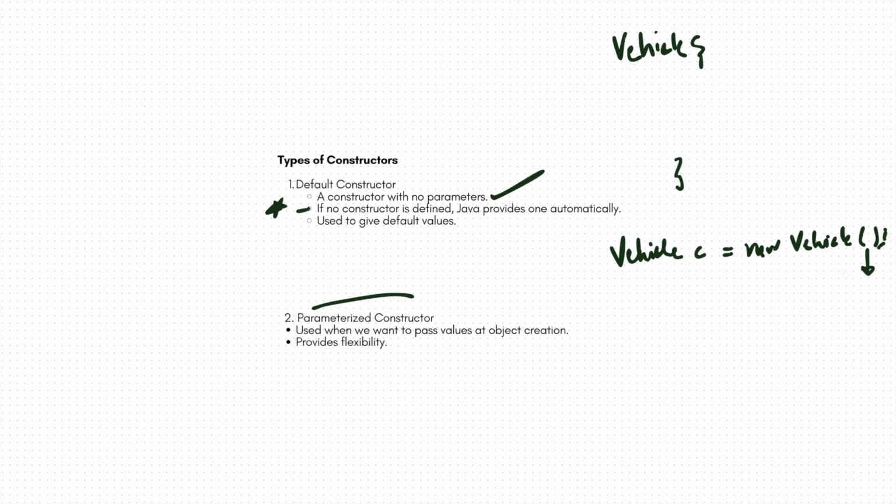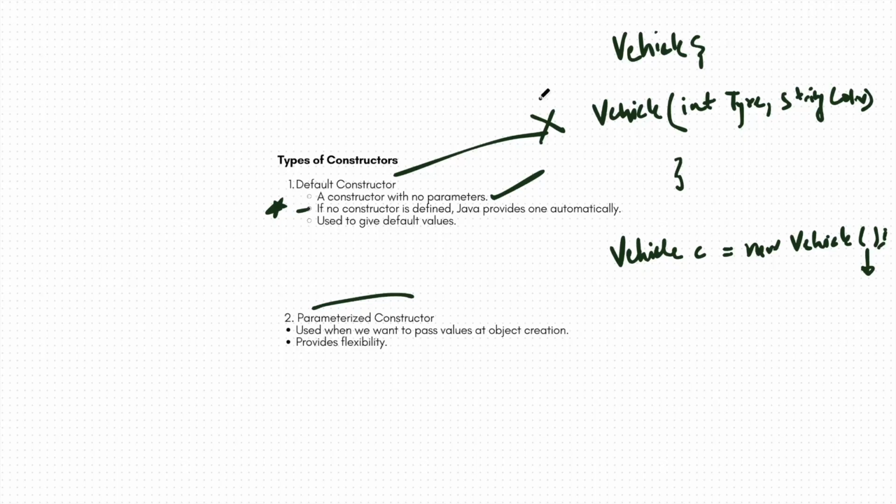And let me tell you one more very important thing. If you define a constructor with parameters inside this, so let's define a constructor Vehicle with parameters int tires and String color, now Java will not add any default constructor.